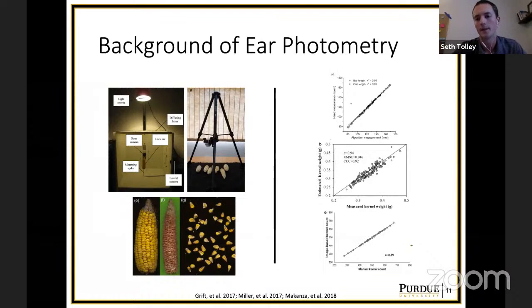On the right, you can see the correlation between the reference measurements and the prediction of ear photometry traits. In all 3 of these, for ear length, kernel weight, and kernel count, these platforms have previously shown that ear photometry is a viable option to accurately assess yield components.